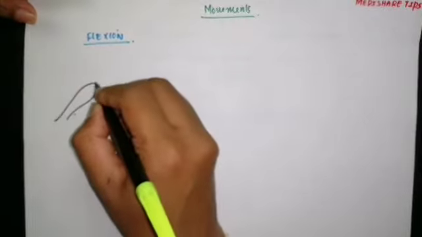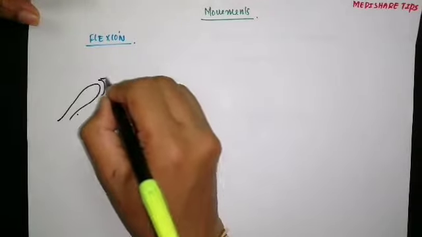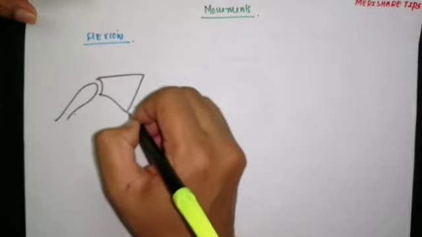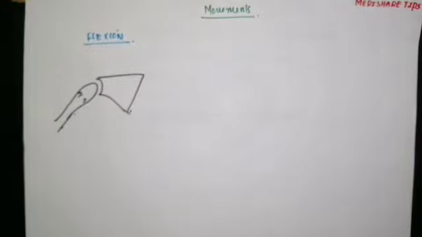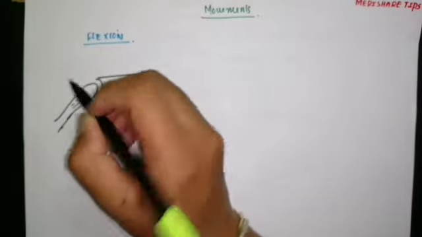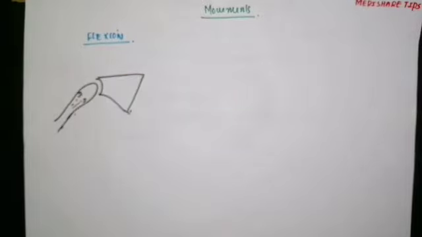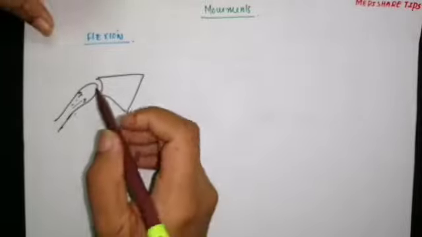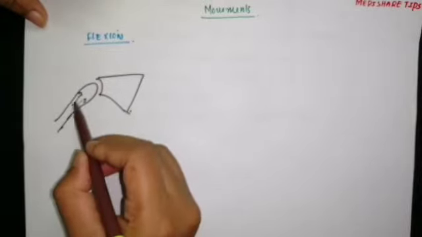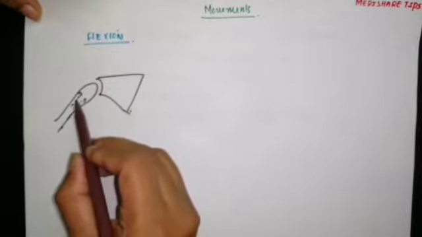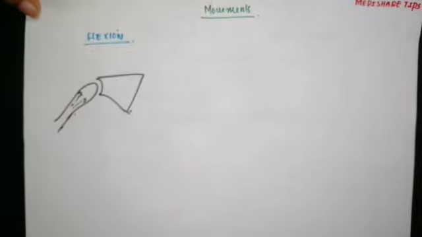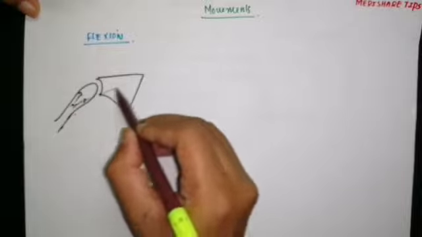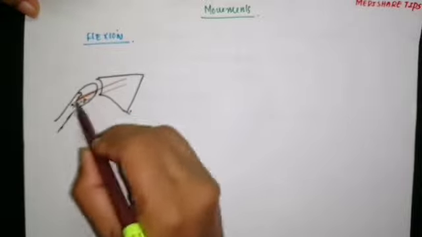So this is the humerus, this is the scapula, and the greater tubercle and lesser tubercle, like this. We know there is the bicipital groove. The muscle attached to the lateral lip of the bicipital groove is the pectoralis major. The clavicular fibers of the pectoralis major go like this.